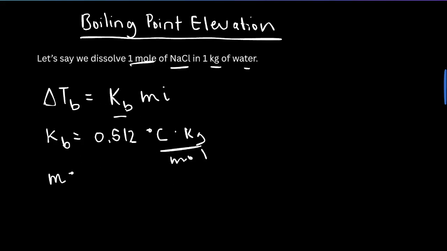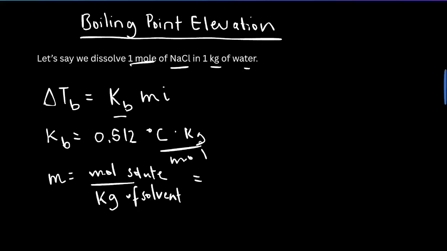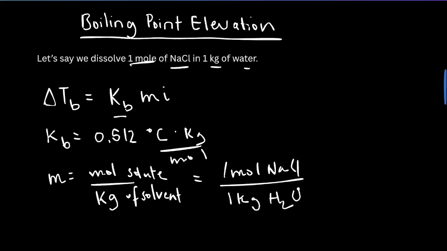Well, our molality we know to be moles of solute per kilogram of solvent. And in this case, we have 1 mole of NaCl per 1 kilogram of water. And so that gives us a 1 molal NaCl solution.